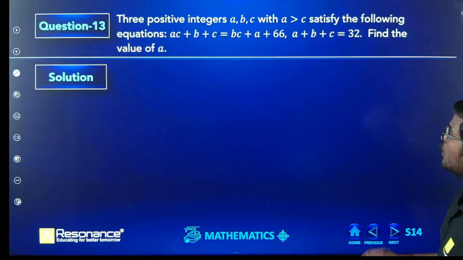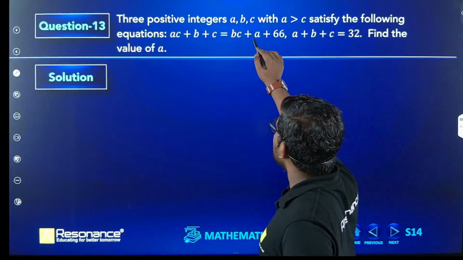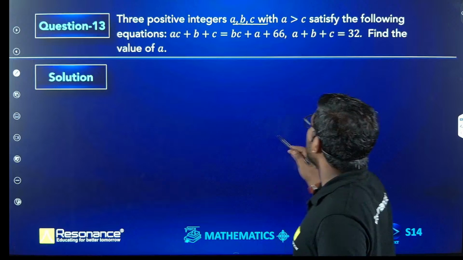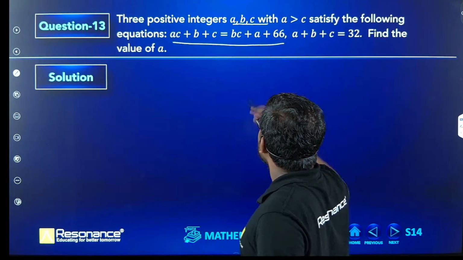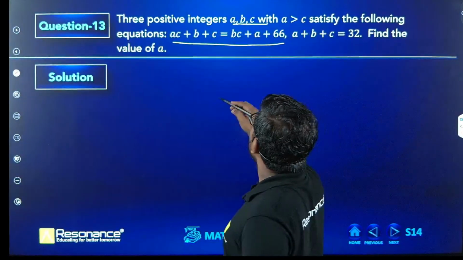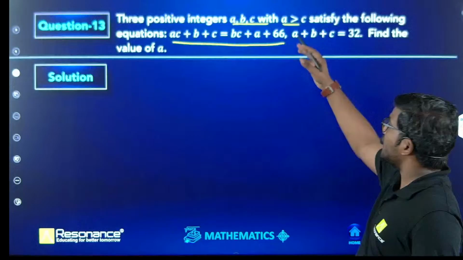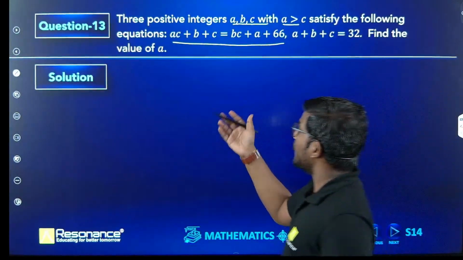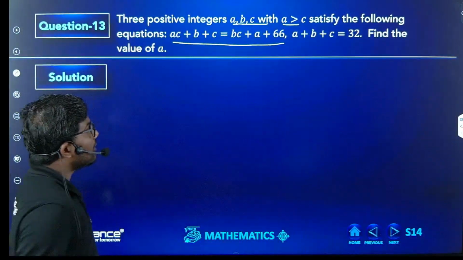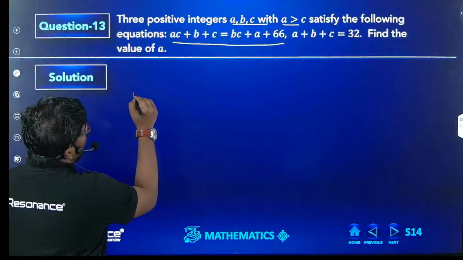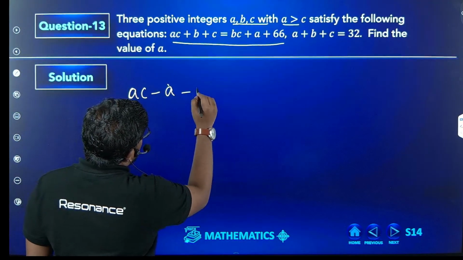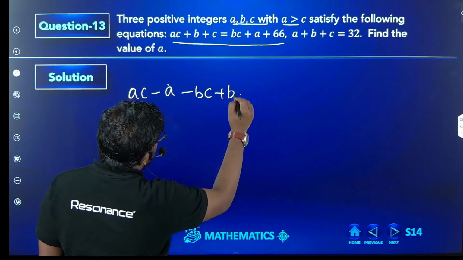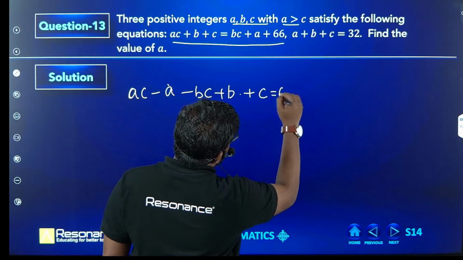Now we're at question number 13 where 3 positive integers a, b, c with a greater than c satisfy the following. Now this is an equation that we've got, ac plus b is c. Now my first instinct seeing a greater than c was to use inequality, but then the approach would be ac minus a minus bc plus b plus c is 66.